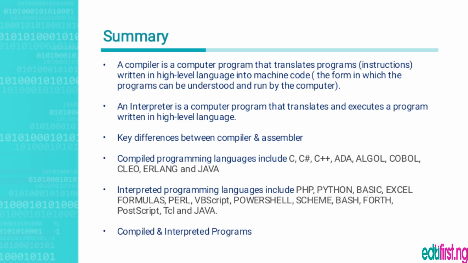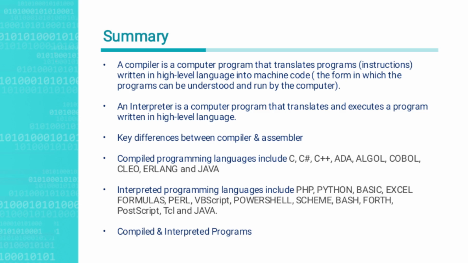We also noted key differences between compiler and interpreter. And we also saw that compiled programming languages include C, C#, C++, and so on and so forth. We also discussed that interpreted programming languages include PHP, Python, BASIC, Excel formula, Perl, and so on and so forth. And finally, we saw examples of compiled and interpreted programs.